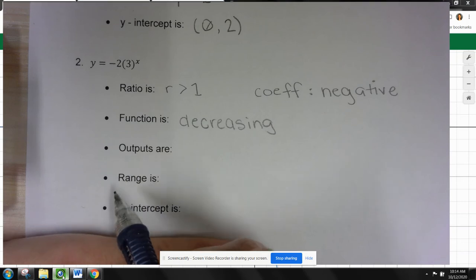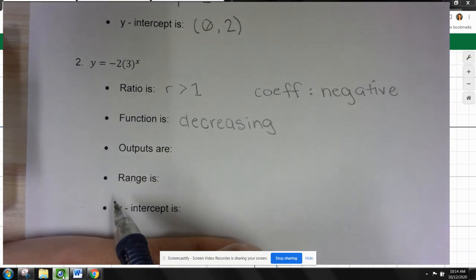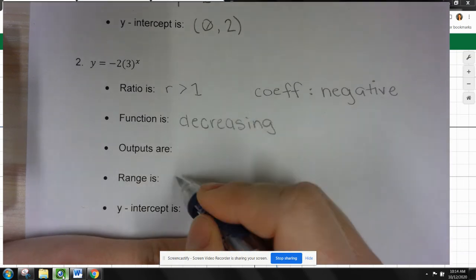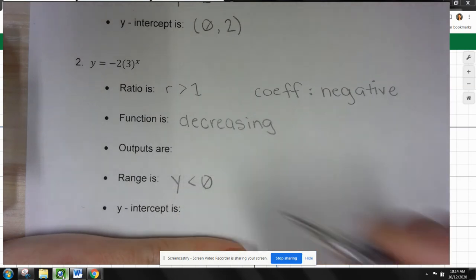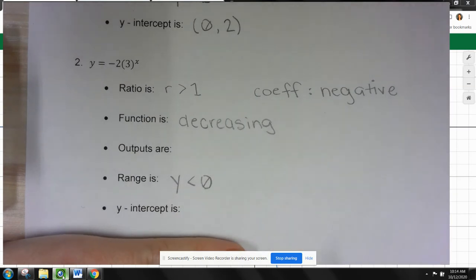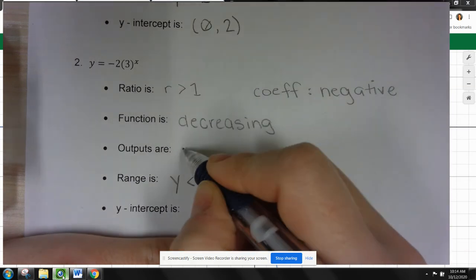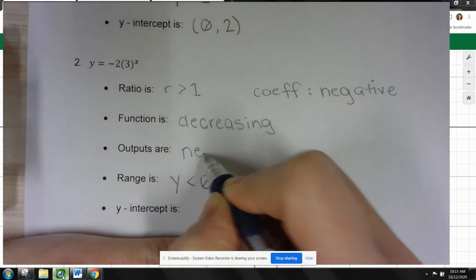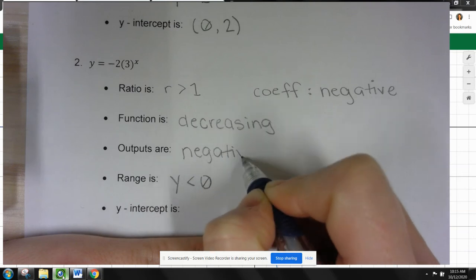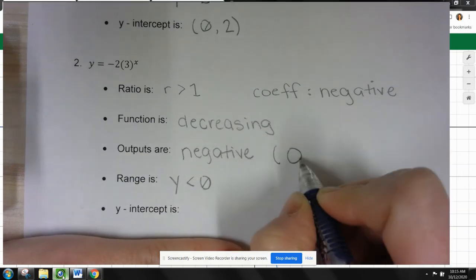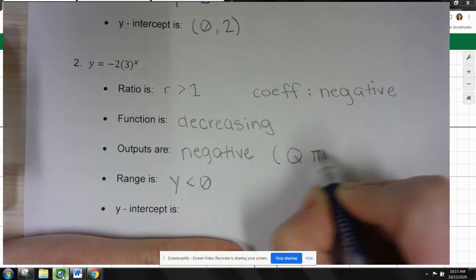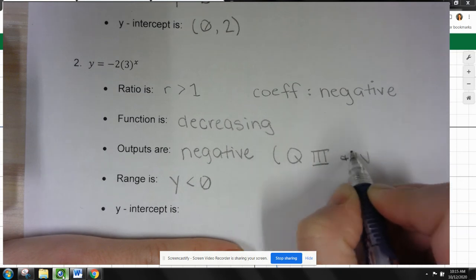So my range and my output are going to be the opposite of what they were before, because it has reflected or flipped over the y-axis. So now my outputs are all negative, and this means my graph lives in quadrants 3 and 4.